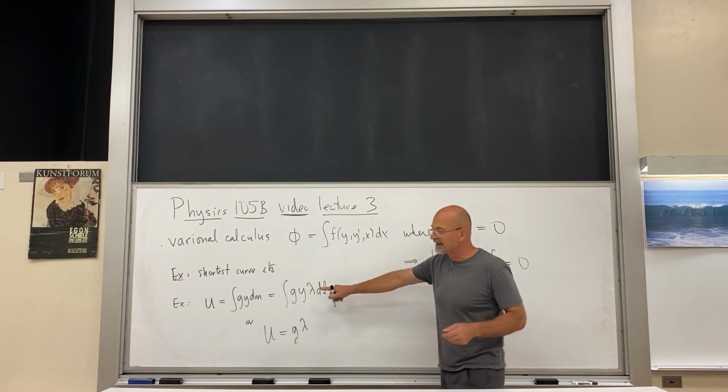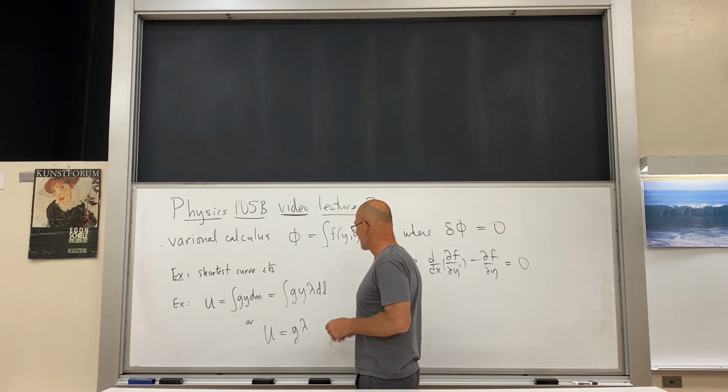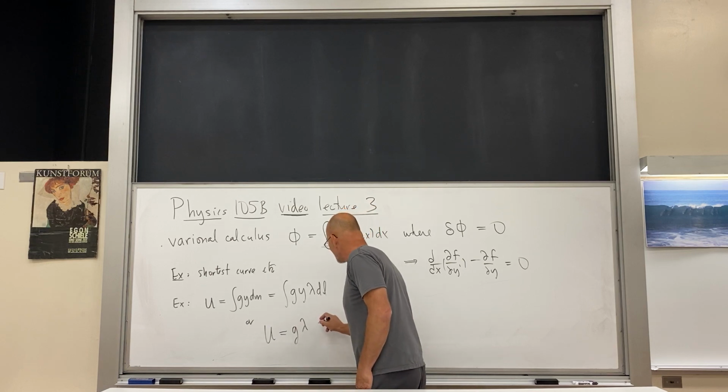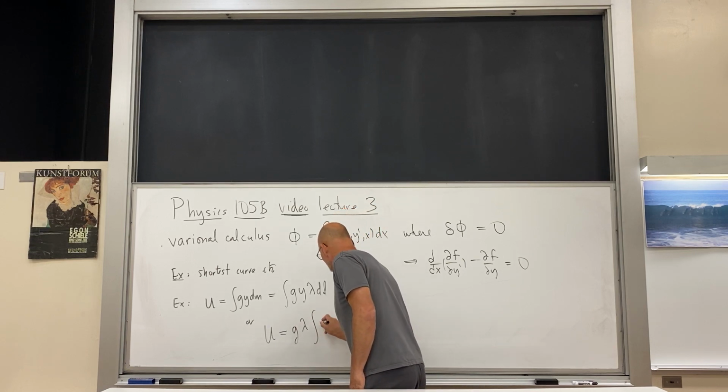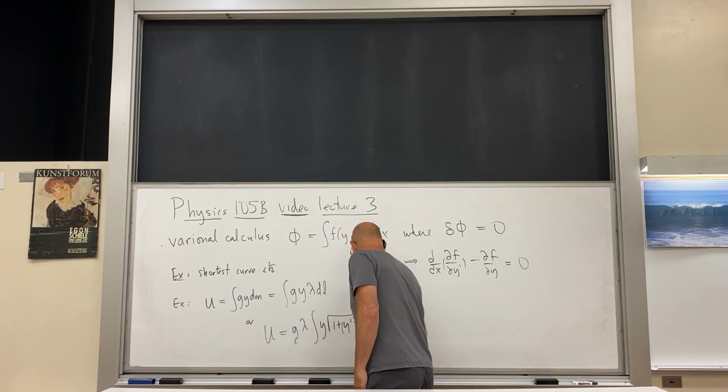Remember, the lambda was just a linear mass distribution, linear mass density, g lambda, and then we had the integral of y root 1 plus y prime squared dx.